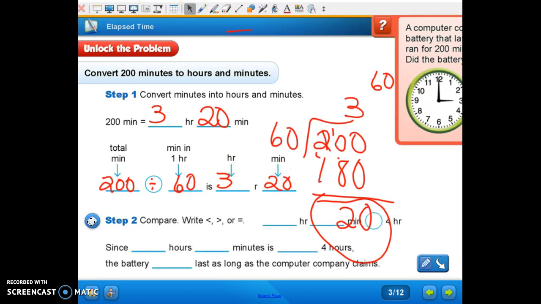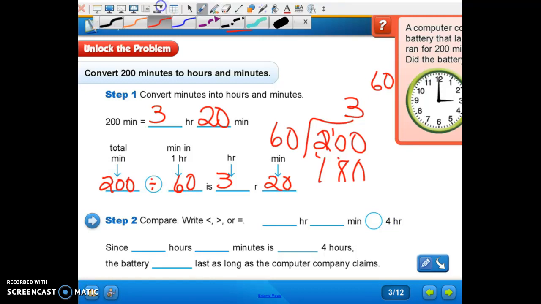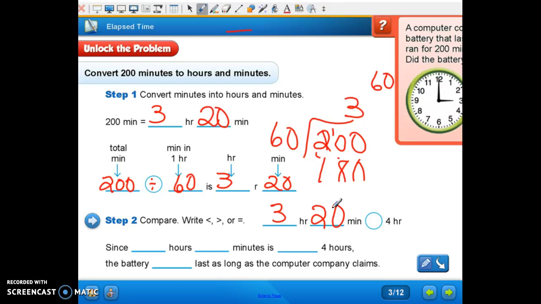Compare, right? Less than, greater than, or equal to. Three hours and 20 minutes is what than 4 hours? Less than.